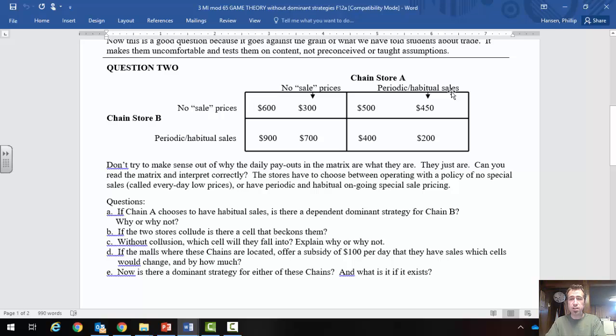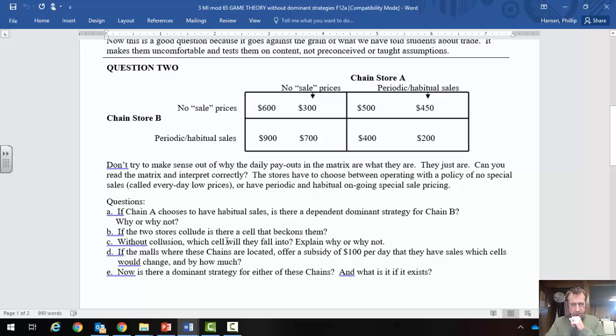So both chain store A and chain store B do not have a dominant strategy. A dominant strategy would be if they would choose habitual sales every time, no matter what the other chain store did, because they would make the most profit.